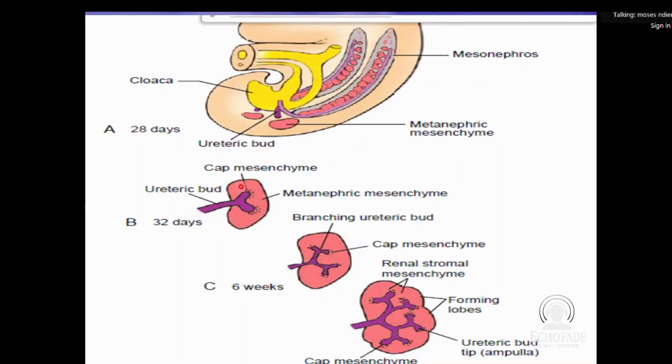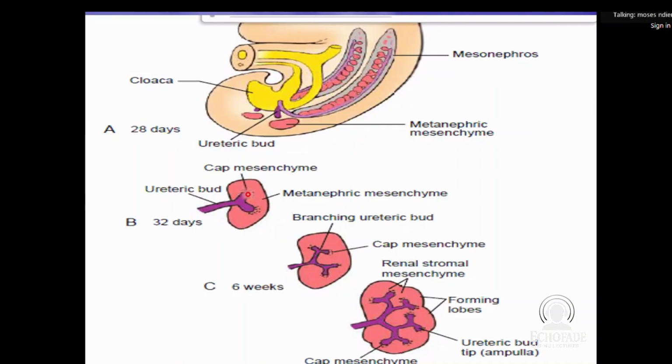That mesenchyme tissue condensation now forms what you call the metanephric blastema, also referred to as the cap mesenchyme. Again, the mesenchyme tissue every time stimulates this to divide, to bifurcate.